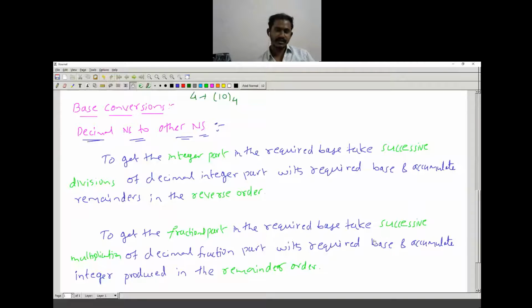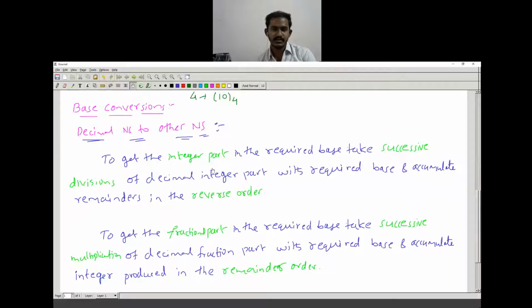For example, you are having a number like 16.73, and if you want to convert 16.73 to the binary number system, then you have to get the fraction part also. That is, 0.73 is the fraction part. For that fraction part, take the successive multiplication with the base 2 and accumulate the integers produced in the order of production.